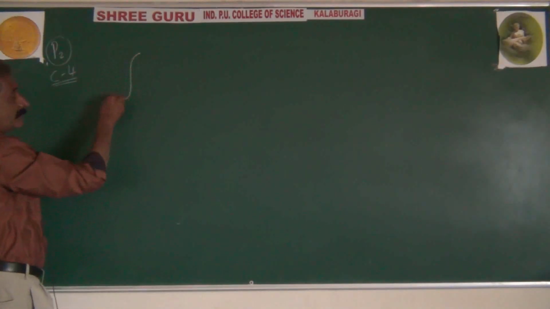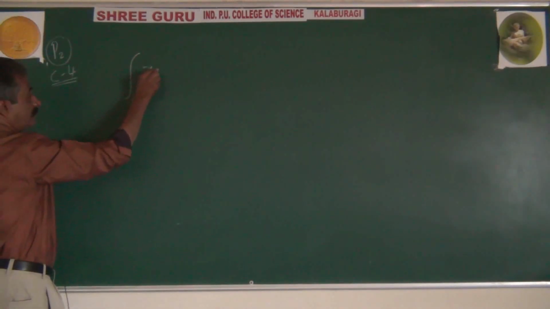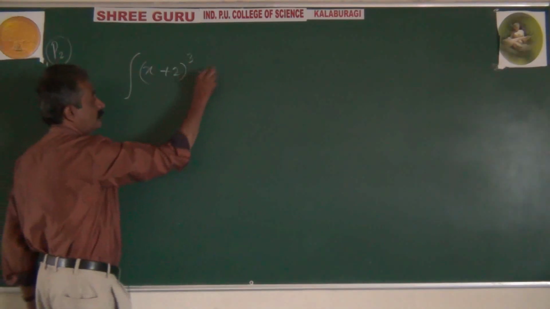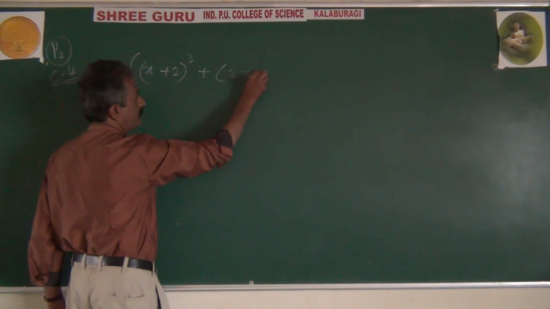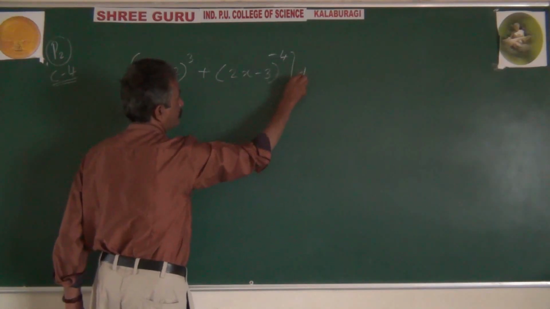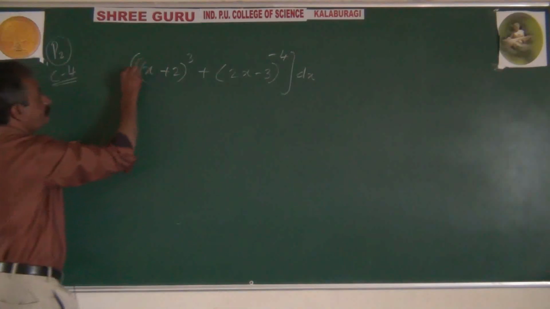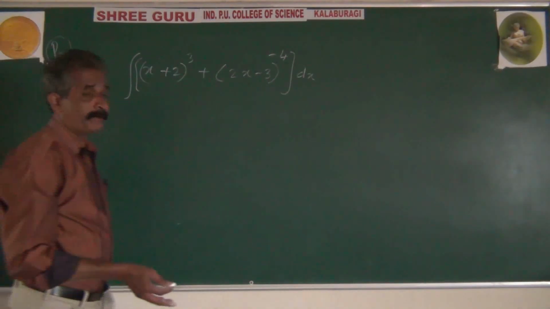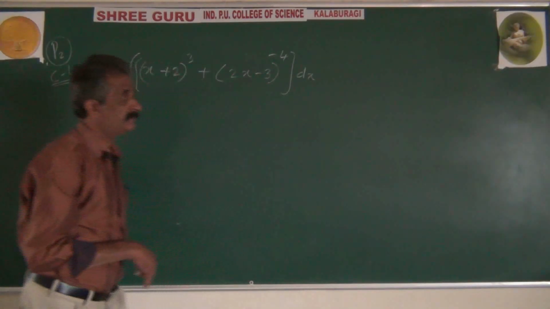Find or evaluate the integral of (x plus 2) whole cube plus (2x minus 3) to the power minus 4 dx. I am solving NCERT problems plus mixed ones also, to make your mind perfect in applying formulas.